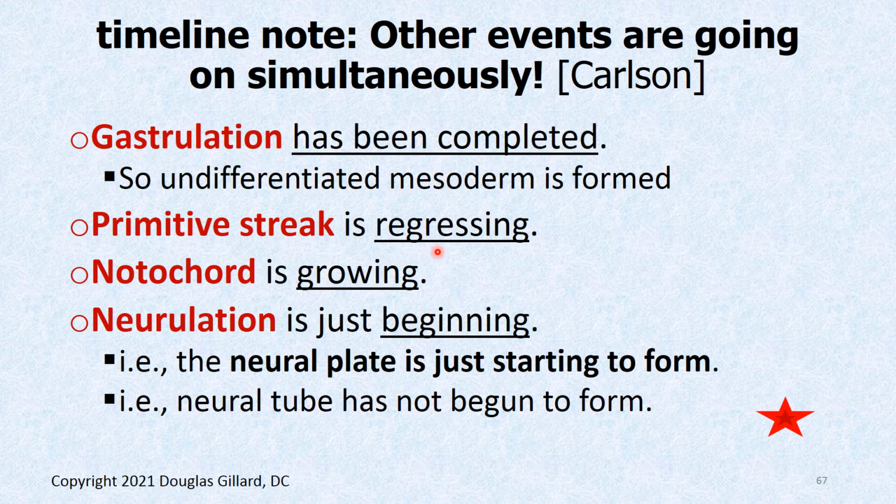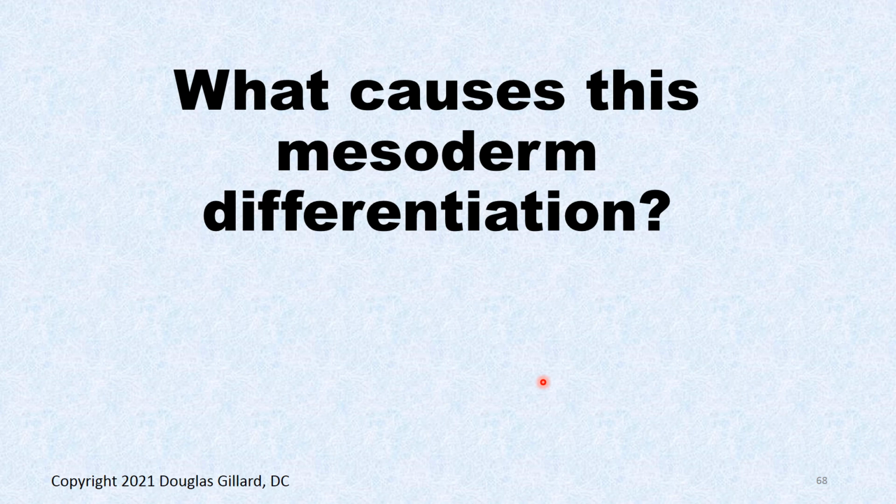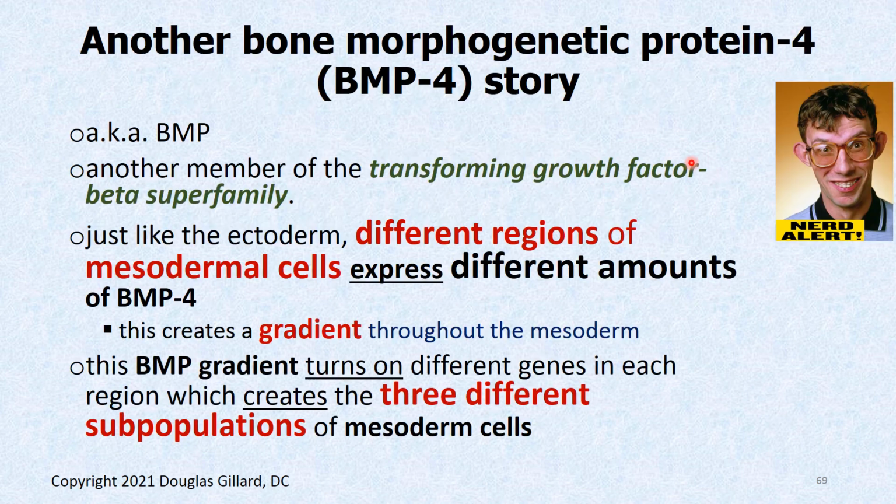Primitive streak is regressing. The notochord is growing. Neurulation is just beginning. So we're kind of going back before the neurulation story here. Neural plate is just starting to form. So what causes the mesoderm to differentiate? Oh gosh, here we go. It's another BMP, specifically BMP4 story here.